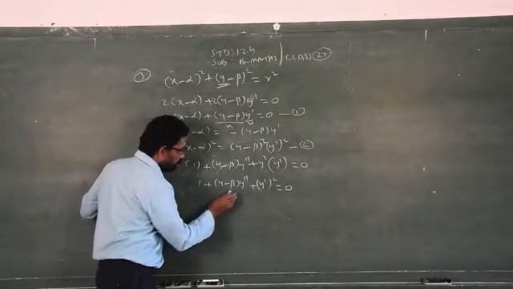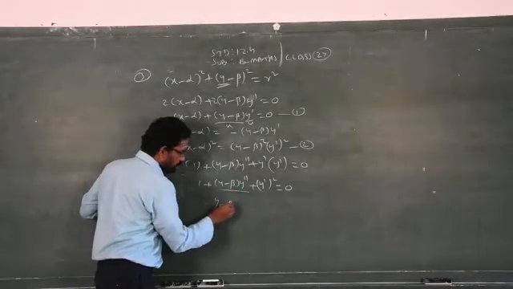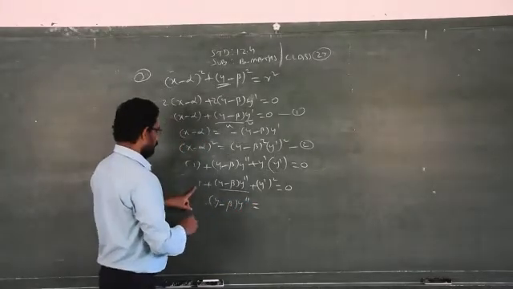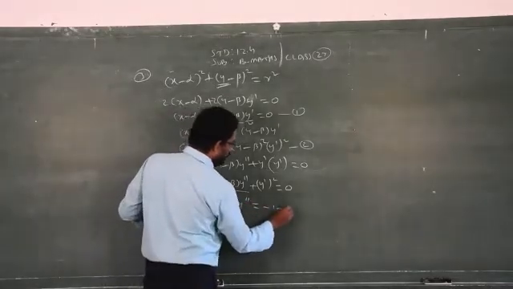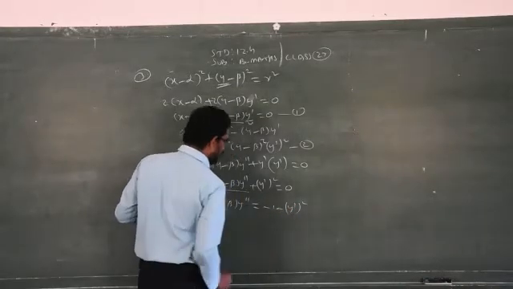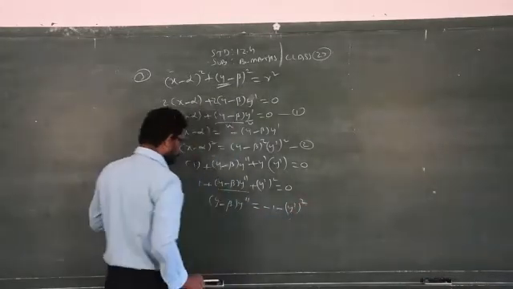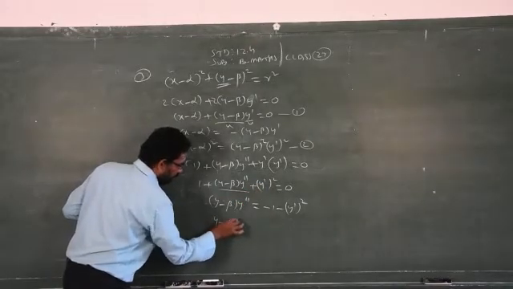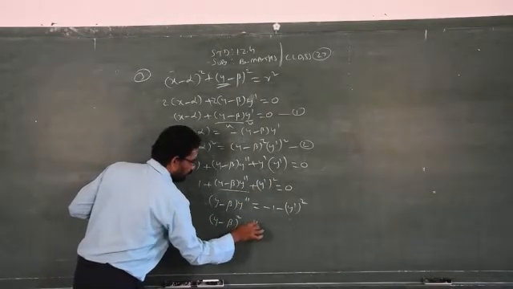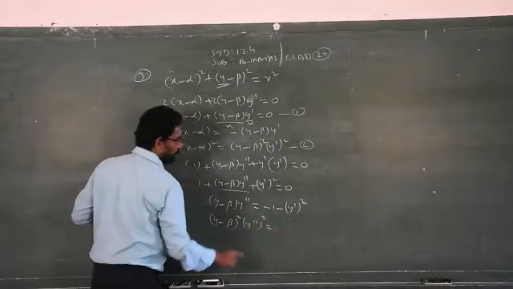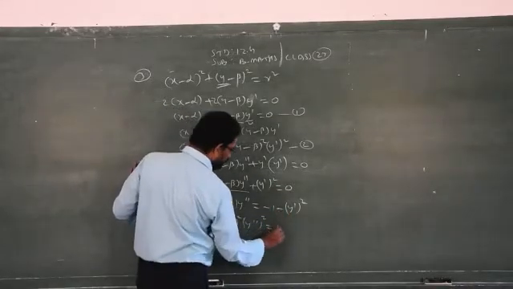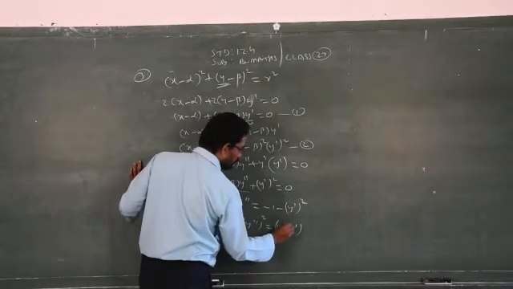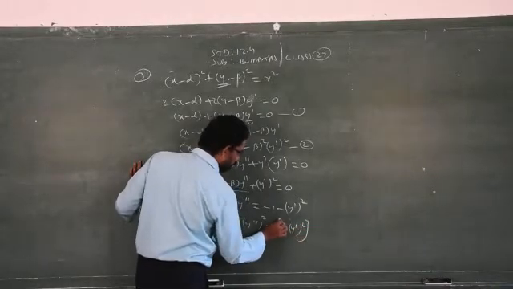So I am keeping this alone: (y − β) y'' is equal to −(1 + (y')²). Now I am squaring on both sides: (y − β)² (y'')² equals (1 + (y')²)².